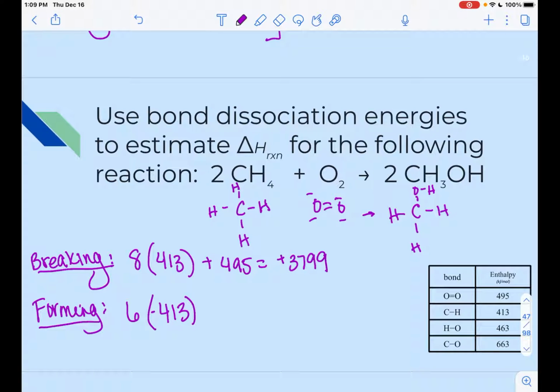And it's negative because they're being formed. And then we'll add that to, we have 1 CO bond. And of course, make sure you multiply by that coefficient. So 2, and then the CO is 663.